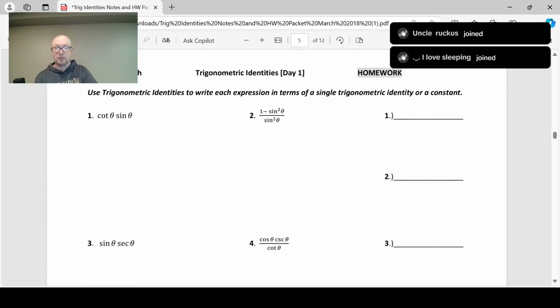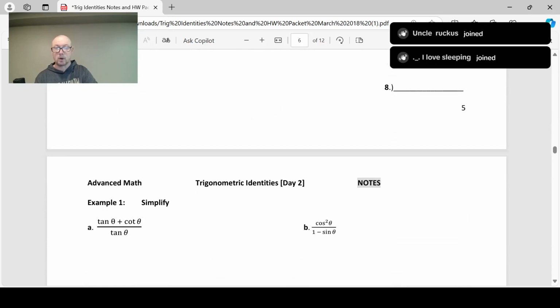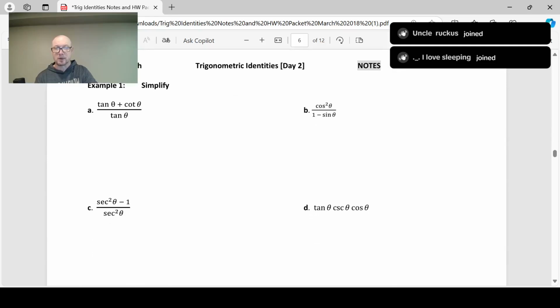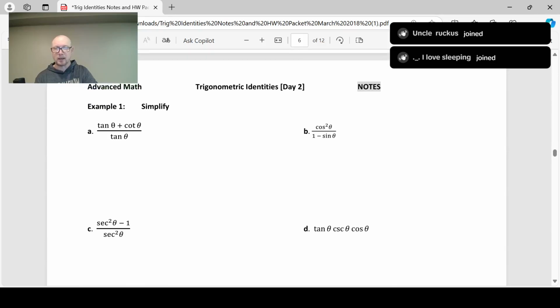Okay, so let's see if we have some more. All right, so let's try some day 2 examples here. What happens if this gets a little more complicated? Well, if we look at example 1a, we have tangent theta plus cotangent theta over tangent theta.